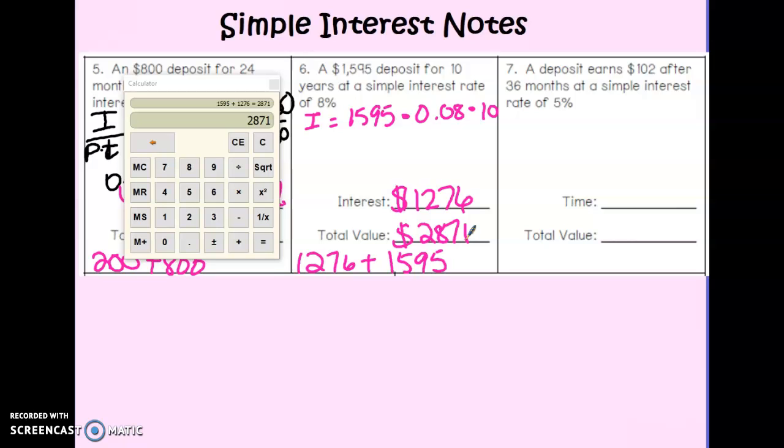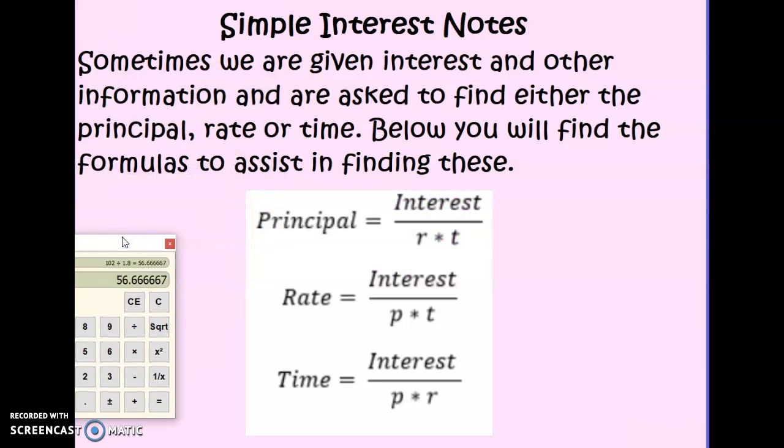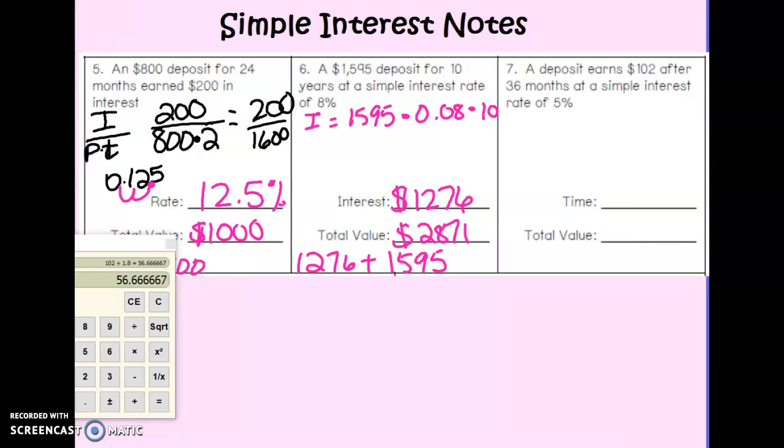A deposit earns $102 after 36 months at a simple interest rate of 5%. So we are trying to find our principal. Remember we said we can find our principal by taking interest and dividing by rate times time. So principal equals interest divided by rate times time.